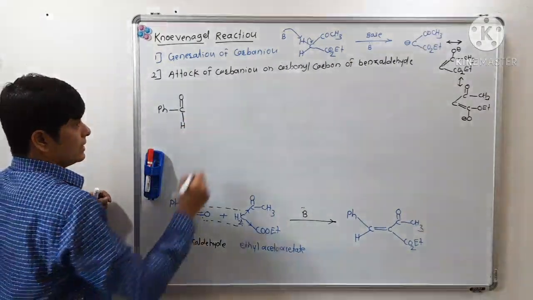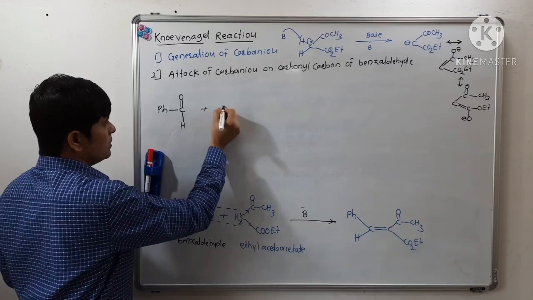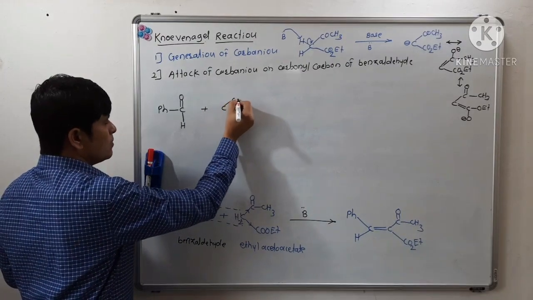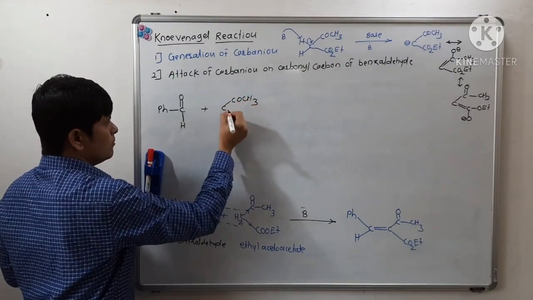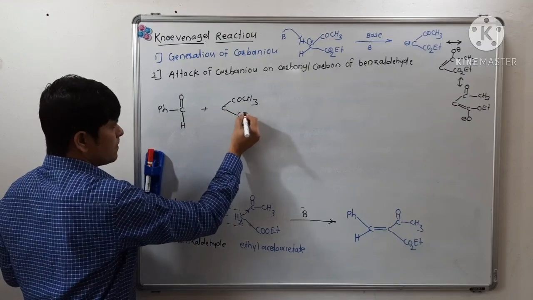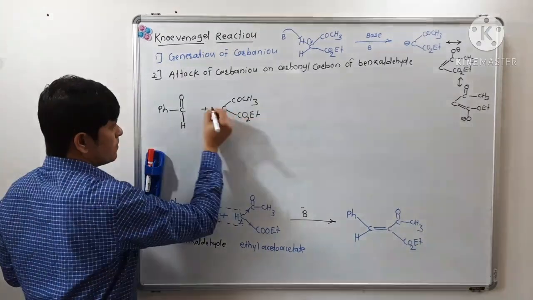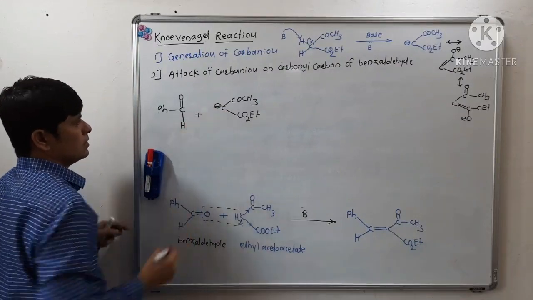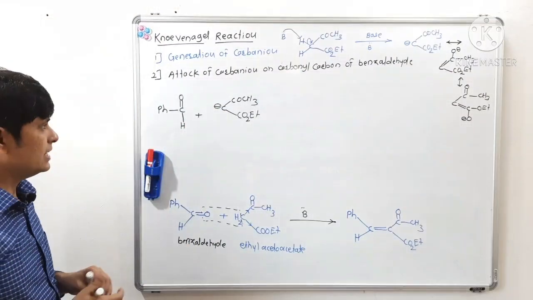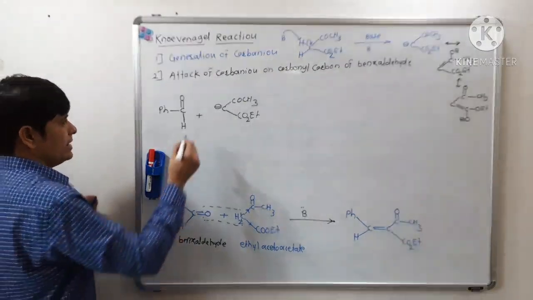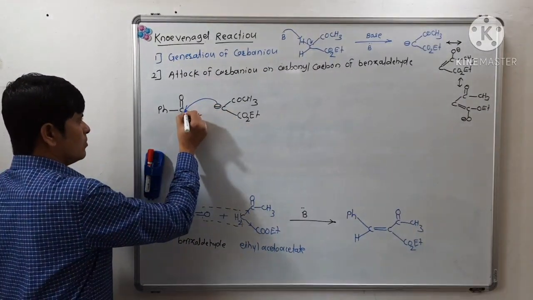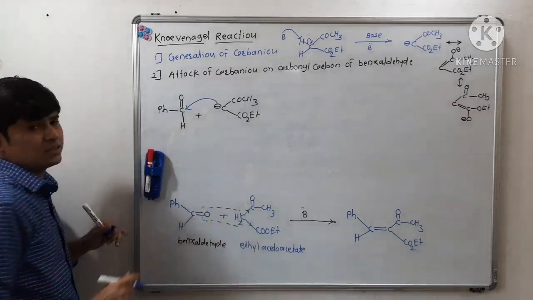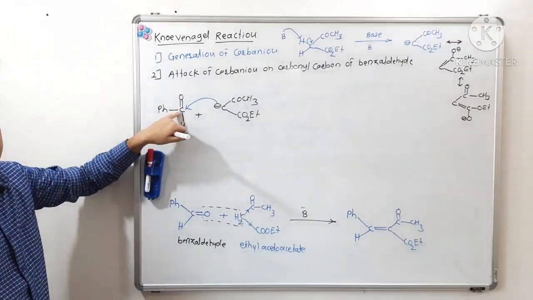And the carbanion. So this is your carbanion. Is that clear? Now this carbanion will attack the carbonyl carbon of benzaldehyde. This is the carbonyl carbon of benzaldehyde.